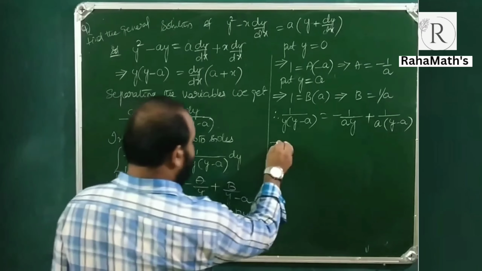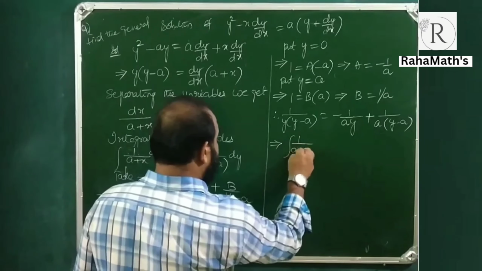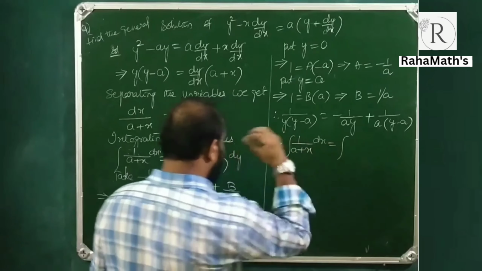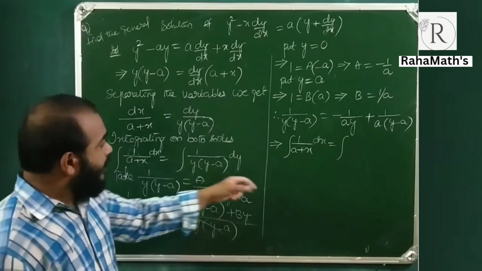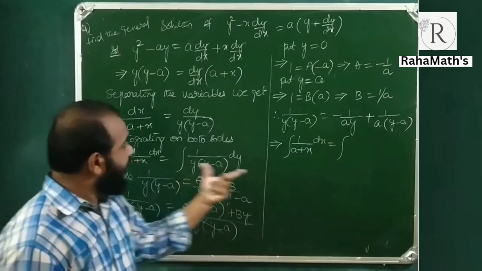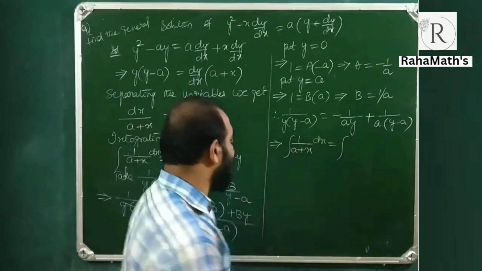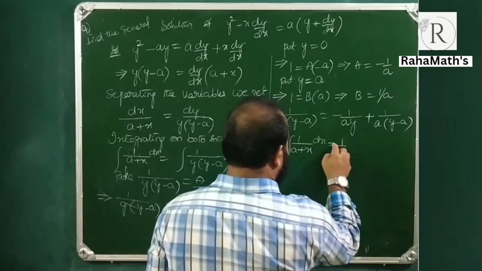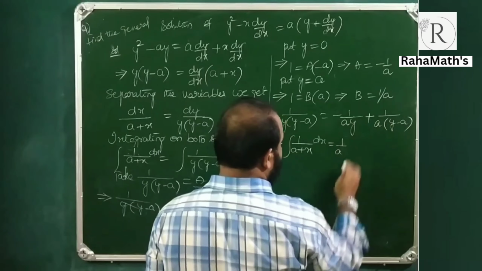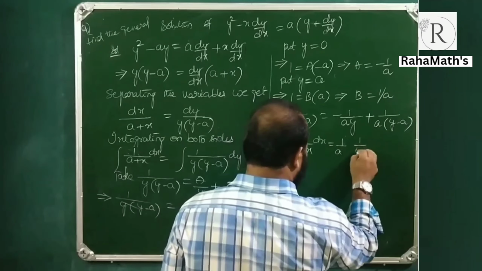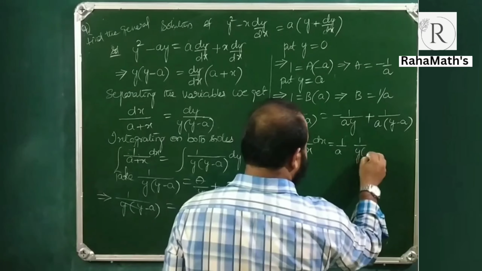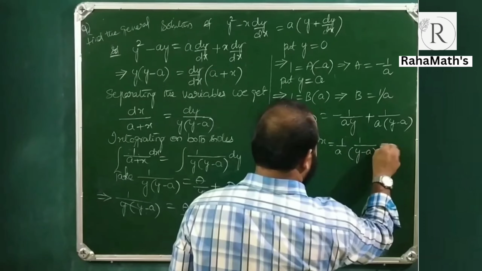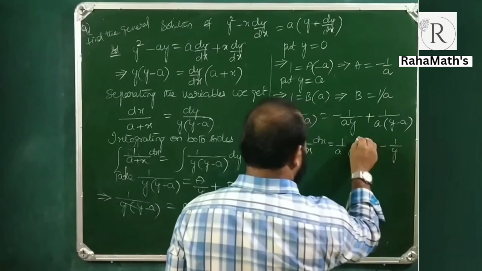So now the integral 1 by a plus x dx is equal to the integral of this value. If you take 1 by a as common in both of them, then we will get 1 by y minus a minus 1 by y.